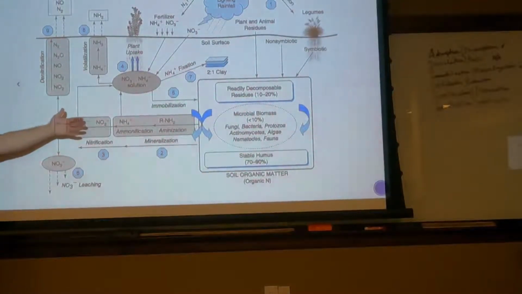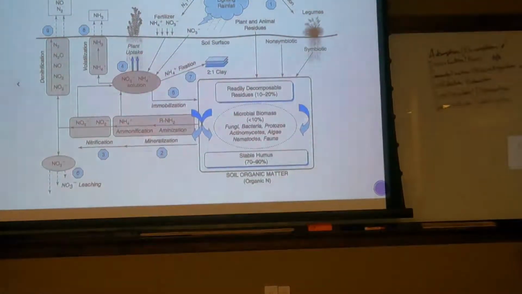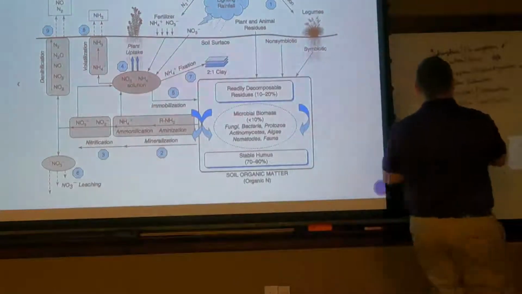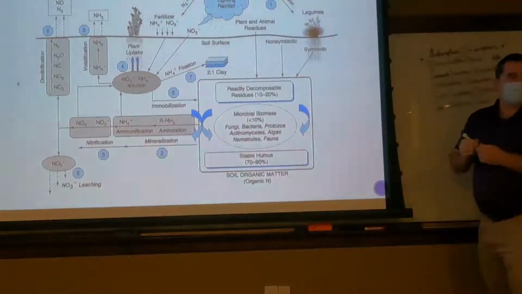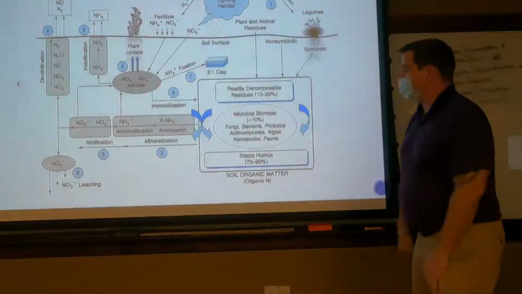So when we add irrigation and we have nitrate, where do you think it's going? Out the profile. Okay? So we have our leaching, which technically could be in dissolution. It will make it down. It will dissolve into the water.